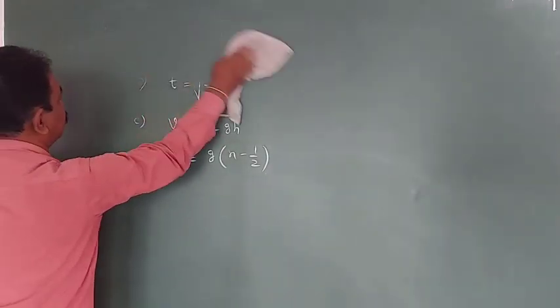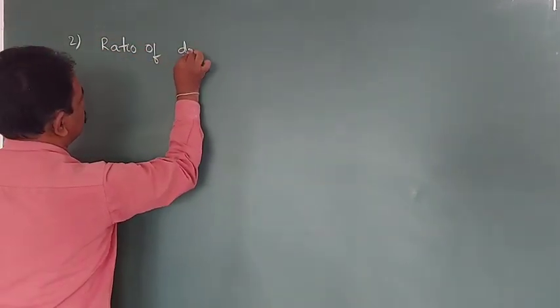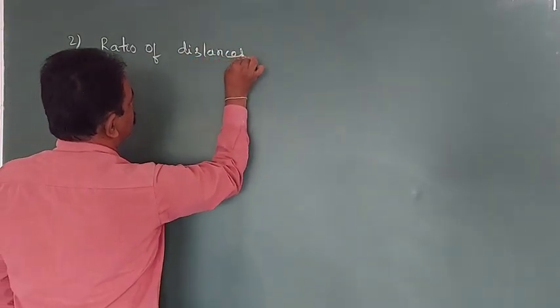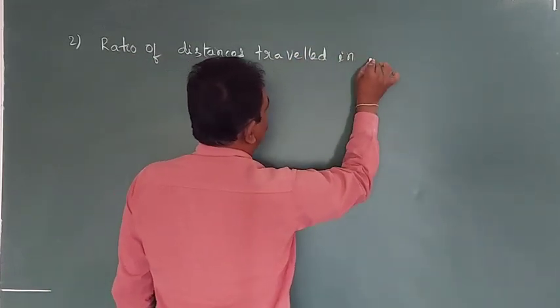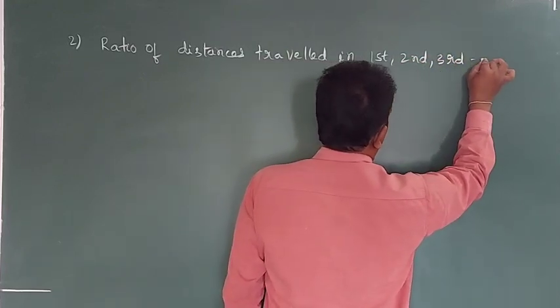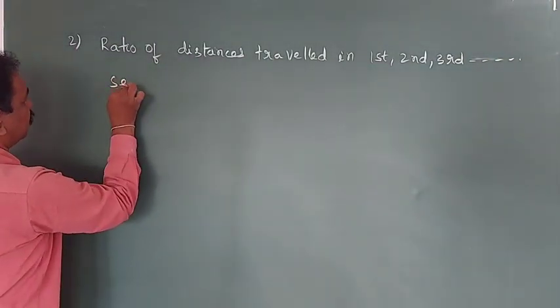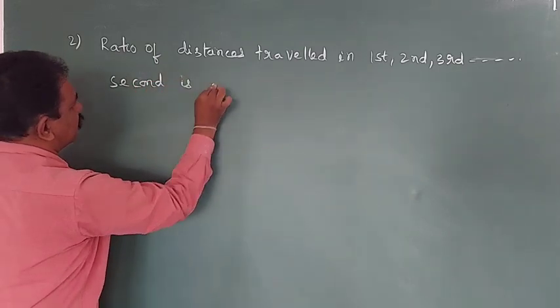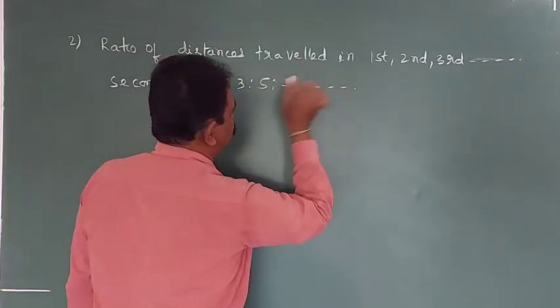Next, second point you write down. Ratio of distances traveled in first, second, third, and so on seconds is 1 is to 3 is to 5 and so on.